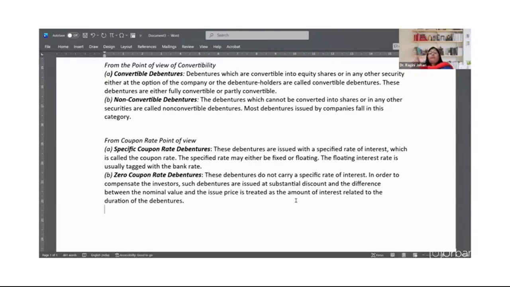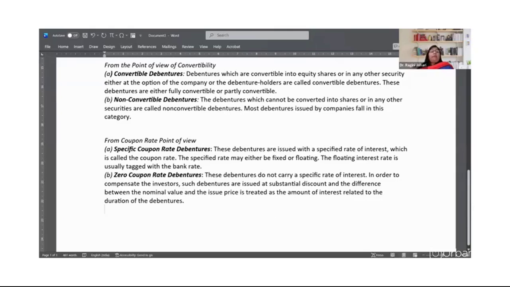That percentage is the interest rate at which interest is paid against these debentures. This rate of interest is also known as the coupon rate. So specific coupon rate debentures are those issued with a specified rate of interest, which can be fixed or floating.